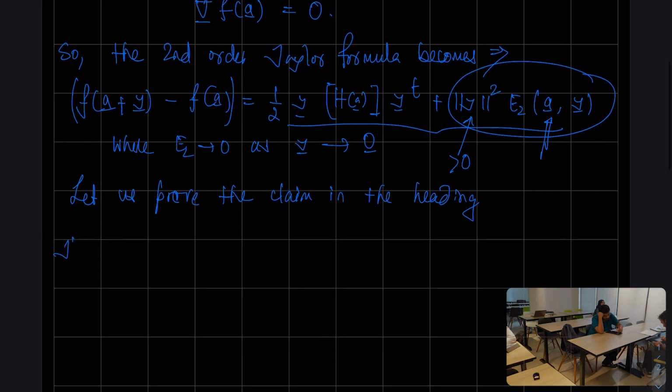So theorem 1. If the condition is like that, the error term E2 goes to 0 as the y vector goes to 0. But since the y vector is also in the first term, that will also go to 0, so both terms go to 0.